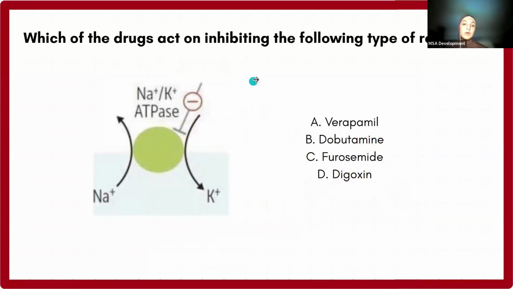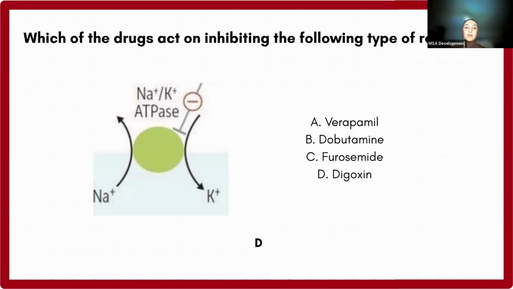Now, which of the following drugs acts on inhibiting the following types of receptors? You have verapamil, dobutamine, furosemide, and digoxin. The answer is digoxin, D. What does digoxin do? It increases intracellular sodium, which reduces the activity of sodium-calcium exchange and increases intracellular calcium.